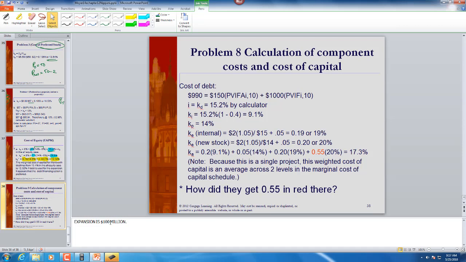What else do we know? Let's look at the debt. The expansion will be financed in part with debt issued with a coupon rate of 15%. Coupon rate of 15% means we know that PMT is 150.